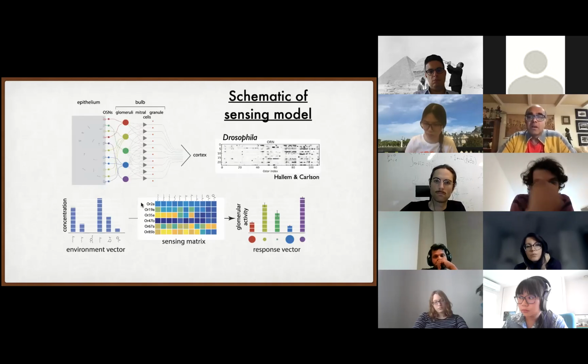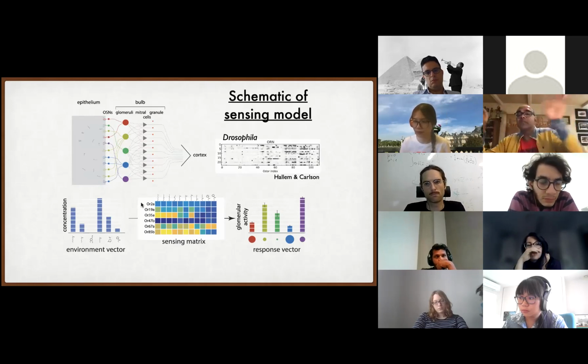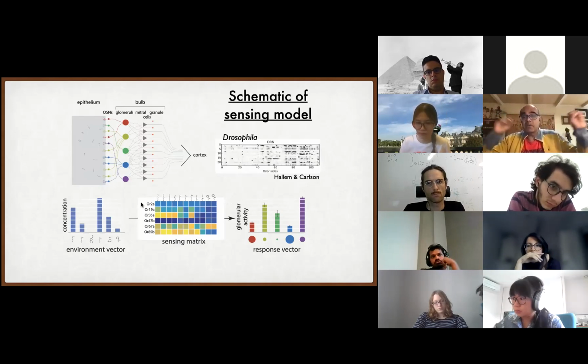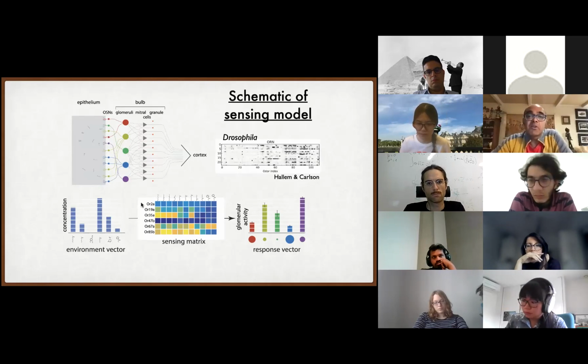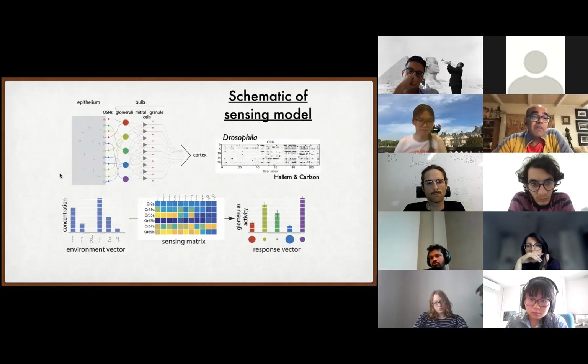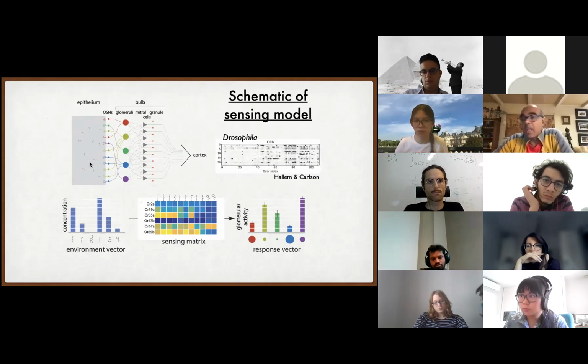Okay, so what's our schematic of the sensing? This is the analog of saying you have different photoreceptors processing different colors of light. Here you've got different receptors binding to and responding to different molecules. Here's data from Hallem and Carlson in Drosophila. The picture is you have molecules floating around. The molecules bind to the olfactory epithelium in the nose. In the epithelium, there are olfactory sensory neurons.